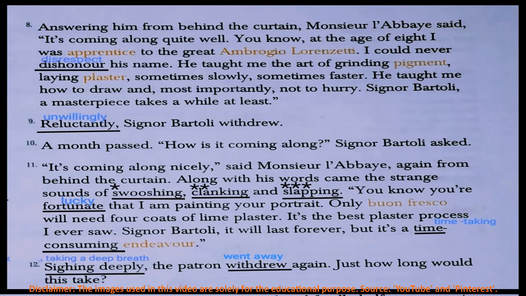But the artist told him that he was lucky as he, the master artist, was preparing his portrait, and Bartoli should know that he was a student of Ambrogio Lorenzetti. I have told you Ambrogio Lorenzetti was an Italian painter who was a famous painter of his time. Thus, he could not dishonor his name. He told Bartoli to have his trust upon him.